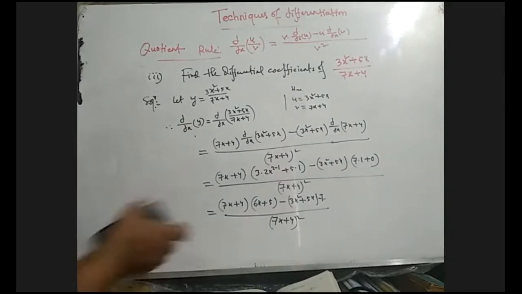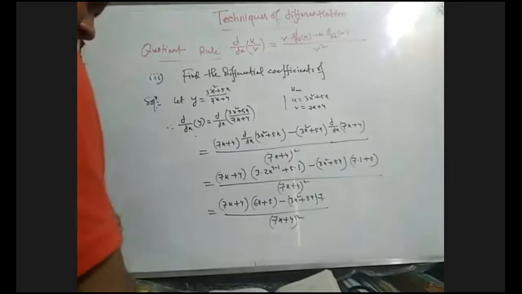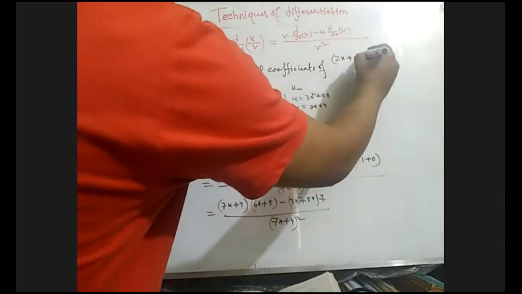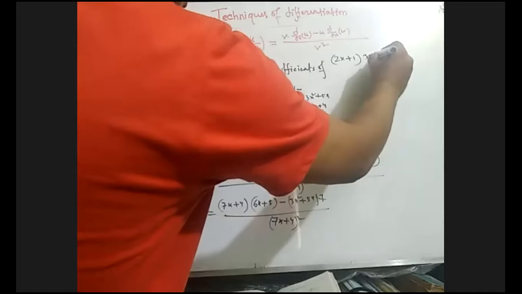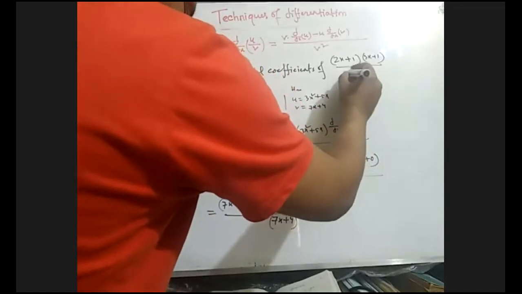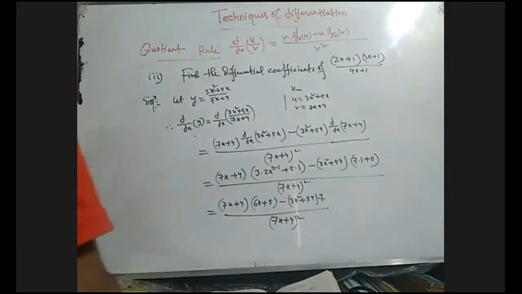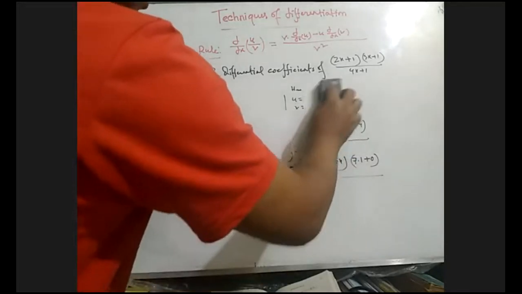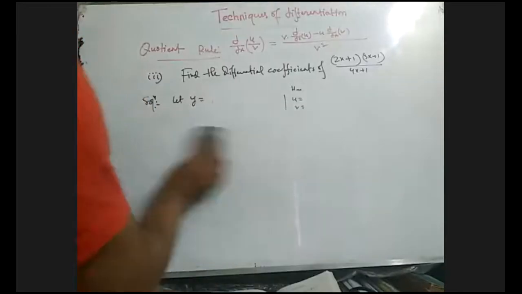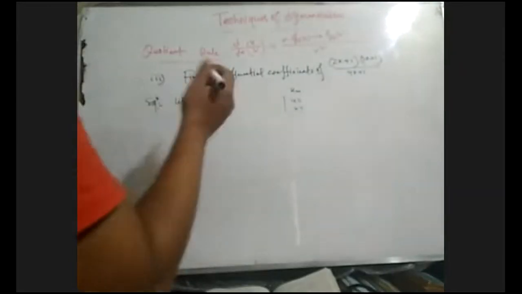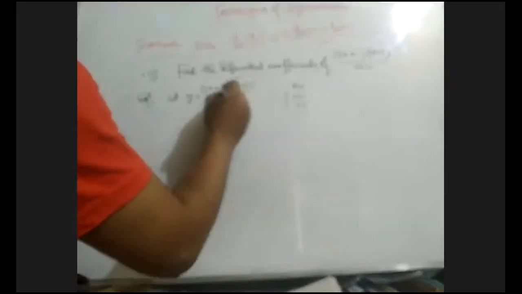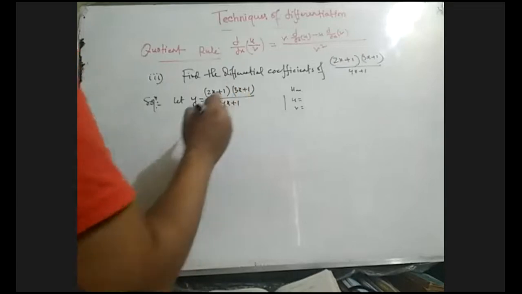Okay, now another similar example. Suppose we have a problem like this: (2x plus 1) and (3x plus 1) divided by (4x plus 1). So how can we find the differential coefficient of this? Let y equal (2x plus 1)(3x plus 1) divided by (4x plus 1).